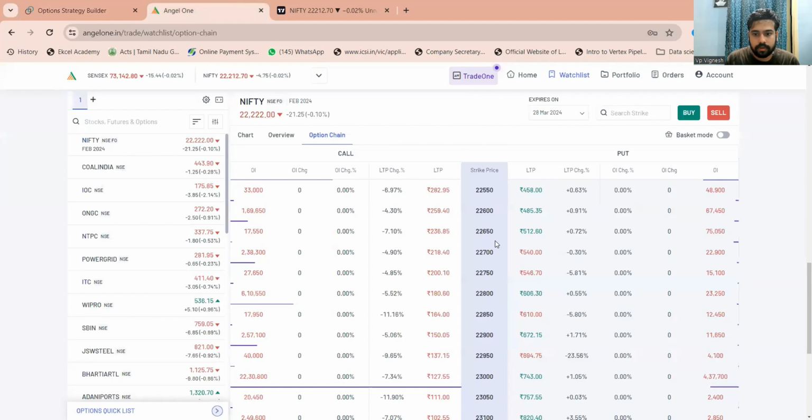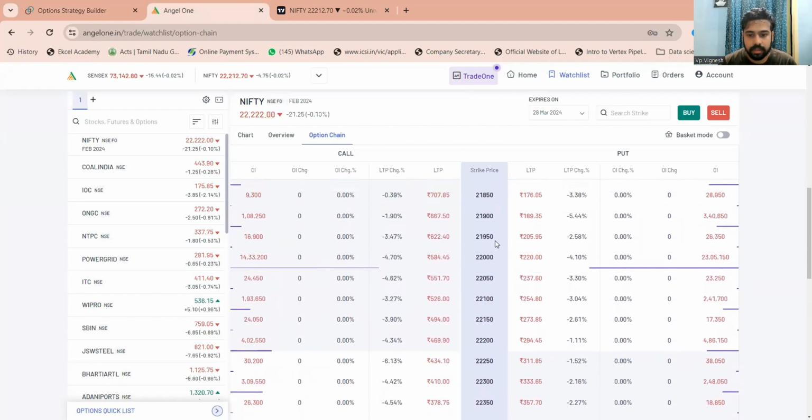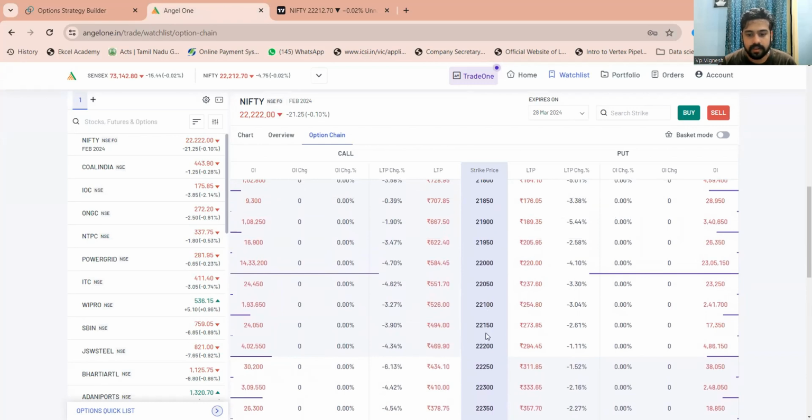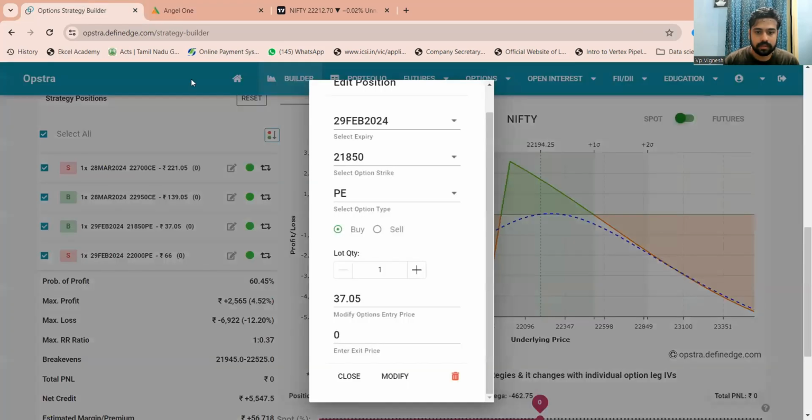Now again what we are trying to do is a far out of the money put option, the same thing. We are going to sell the 10 strike prices out of the money put option, 21,700.